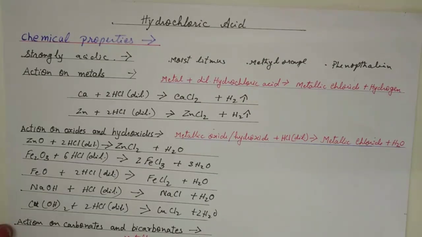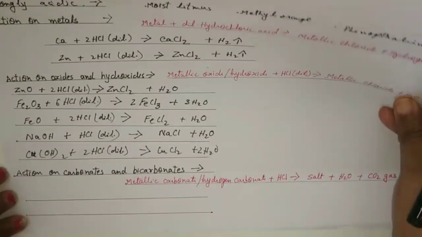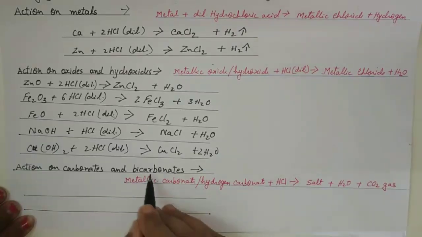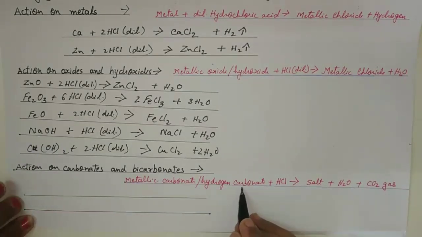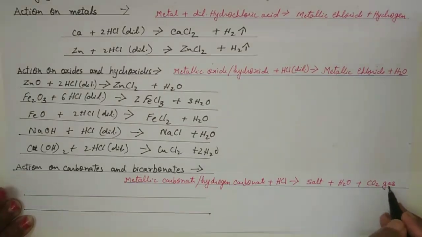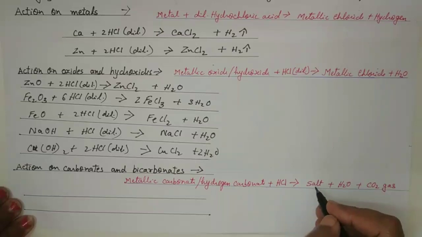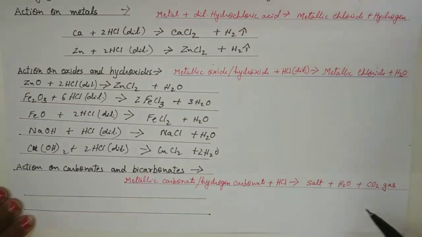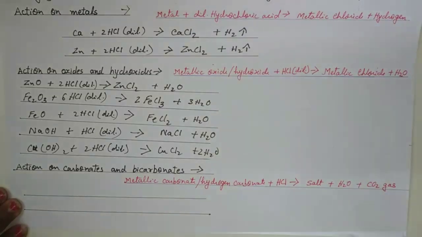The next type of reaction could be action on carbonates and bicarbonates. So this one, when metallic carbonate or metallic bicarbonate, which is also known as hydrogen carbonate, reacts with dilute HCl, it gives you salt, water and carbon dioxide gas. So salt means which salt? Again same, metallic chloride, water and a gas is released.